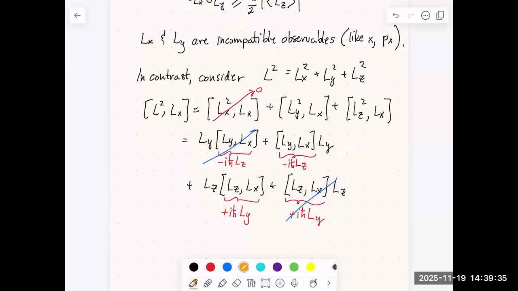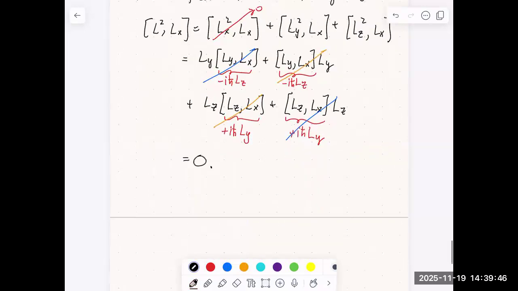And so we get another cancellation, and this is going to be 0. So therefore, what we can conclude is the commutator of L squared with Lk, where k can be x, y, or z, is going to be equal to 0, for k equal x, y, or z.